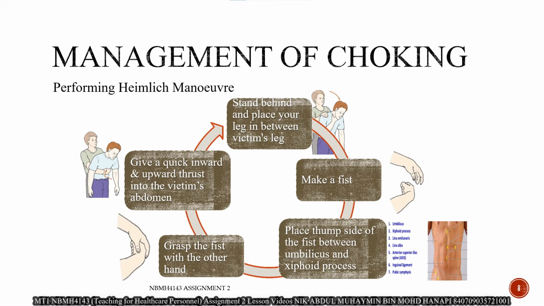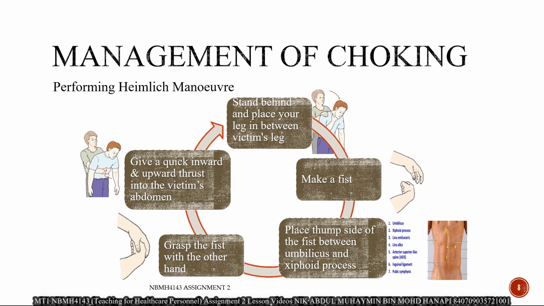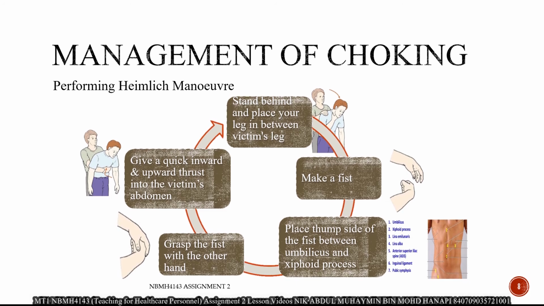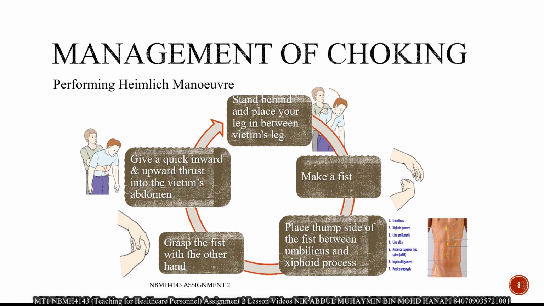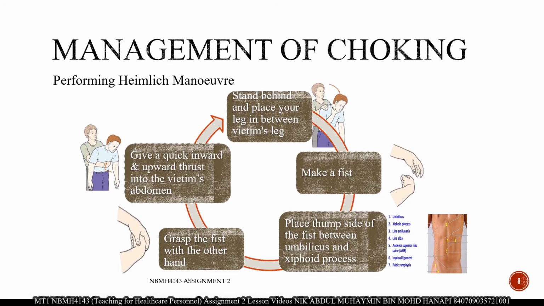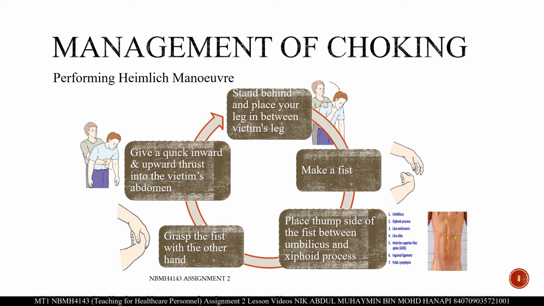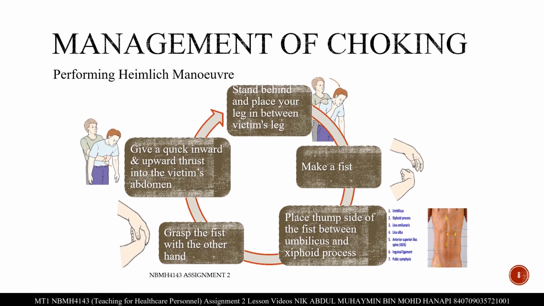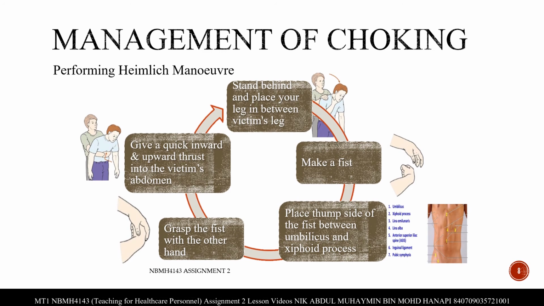The knuckle of the thumb will be put between the victim's umbilicus or belly button and the rib cage or xiphoid process. After that, grab the fist, and now the rescuer is ready to deliver the thrust to the victim's abdomen.